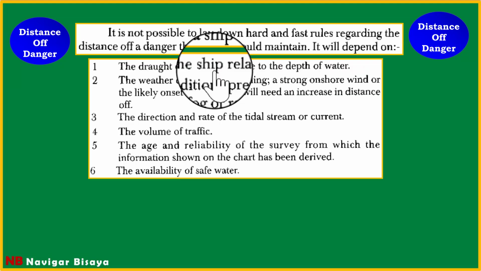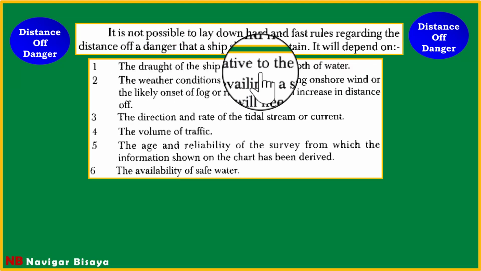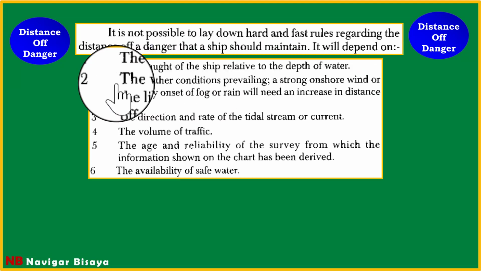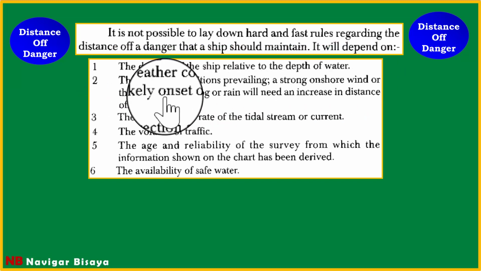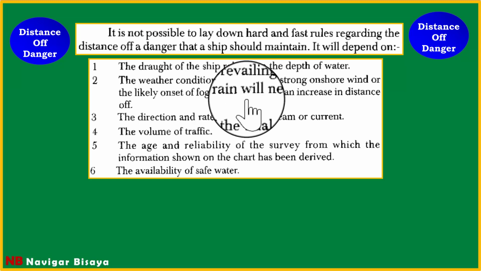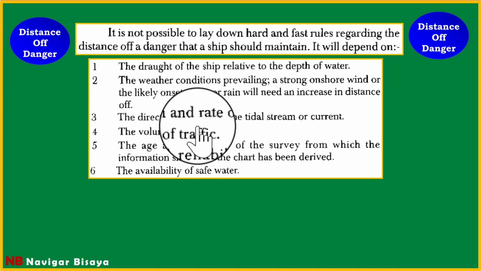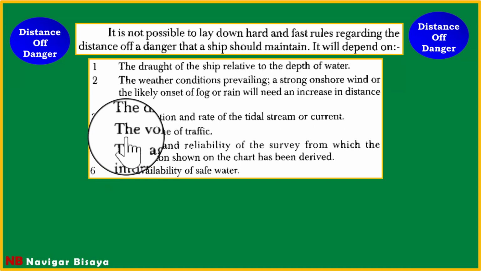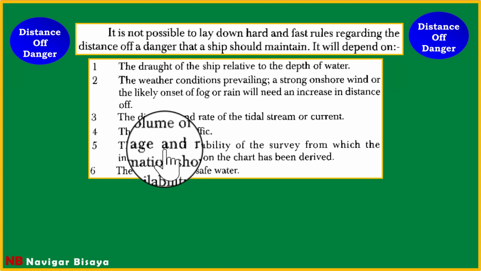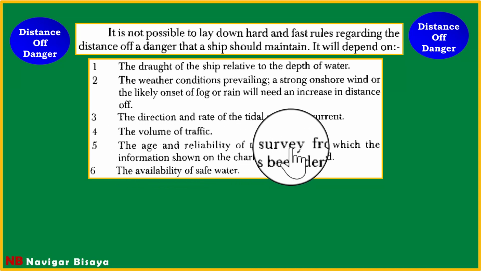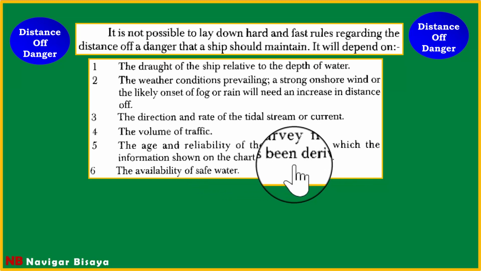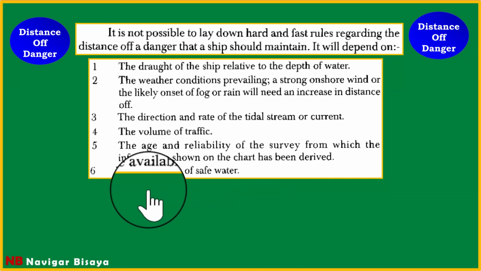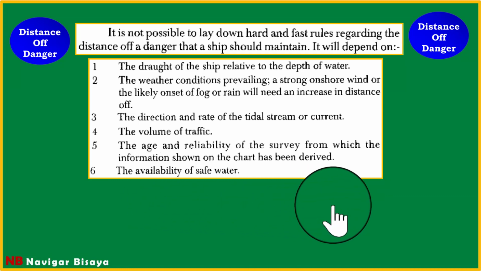It will depend on the draft relative to the depth of water, the weather conditions prevailing (a strong onshore wind or a likely onset of fog or rain will need an increase in distance), the direction and the rate of the tidal stream or current, the volume of traffic, the age and reliability of the survey from which the information shown on the chart has been derived, and lastly, the availability of safe water.